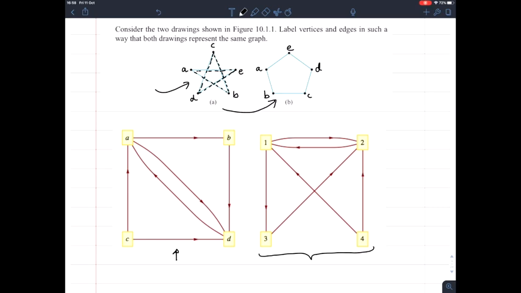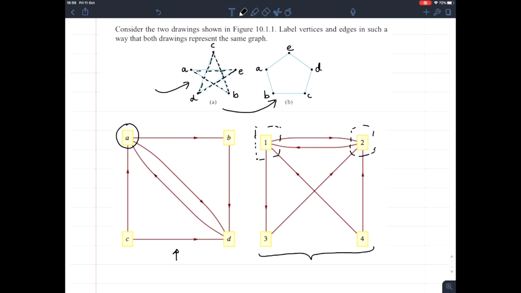So one way to think about this is if we look at the graph on the left, the vertex A has 4 edges emerging from it. So if we want to think about which one we could label A in our second graph, it's either going to be vertex 1 or vertex 2.